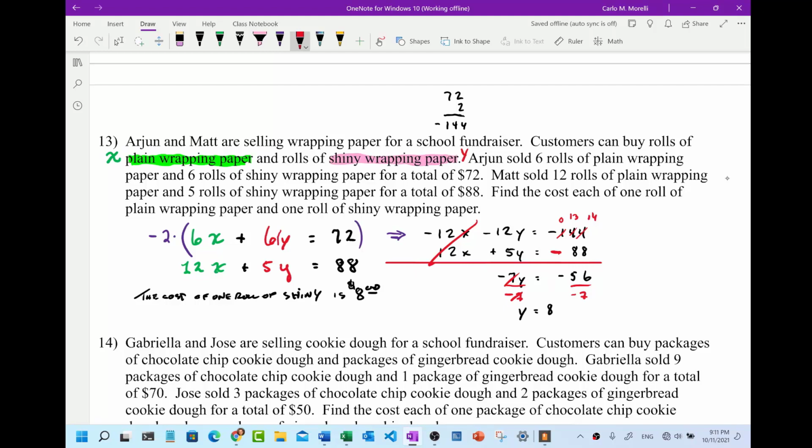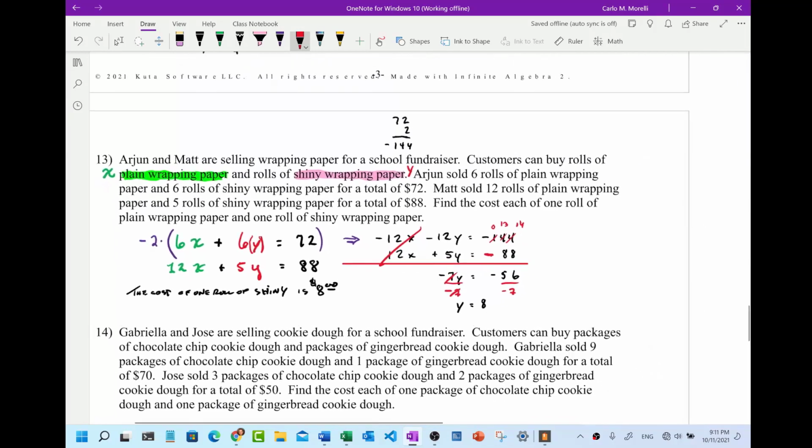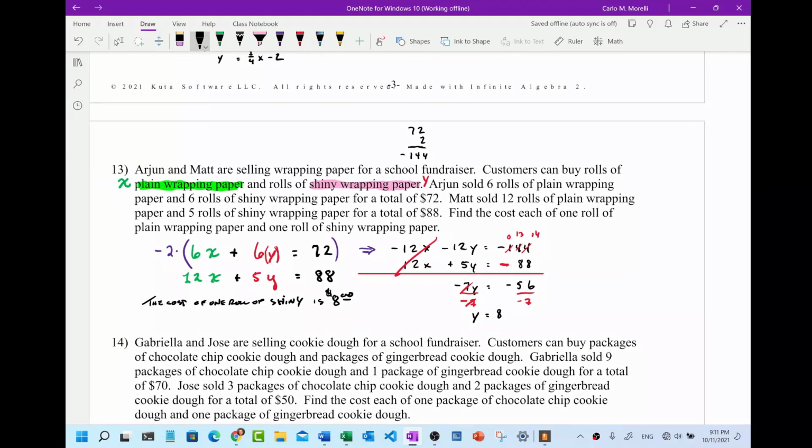So we're going to plug in right there the 8. All right, you can almost do it in your head, but of course we'll show our work because that's what we're all about. So here's where we're going to find out how much the plain wrapping paper cost. All right, so now that we know that y equals 8, we're just going to plug that 8 back in, okay, to one of the original equations. So we'll plug it in here, okay.